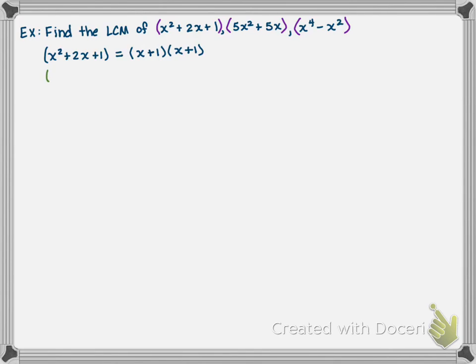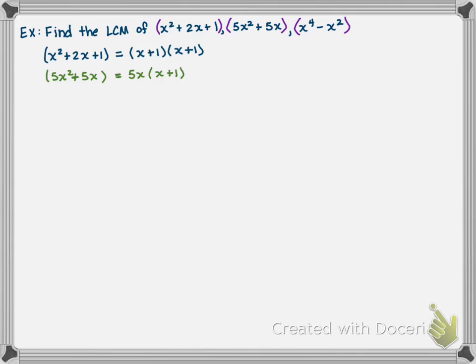And then 5x squared plus 5x. Well, I have a common factor of 5x. So we have 5x times x plus 1.